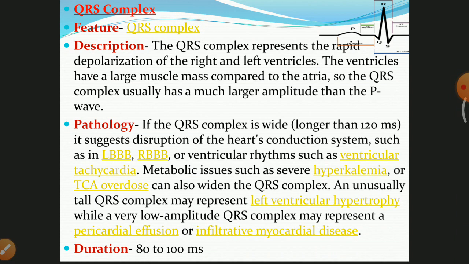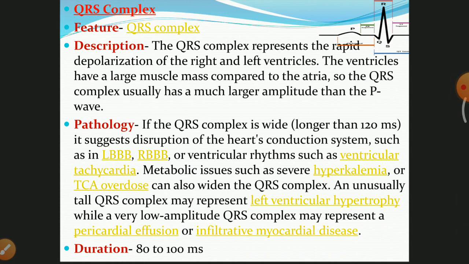The muscles of the ventricles are thick compared to the atria, so the QRS complex usually has a much larger amplitude than the P wave.